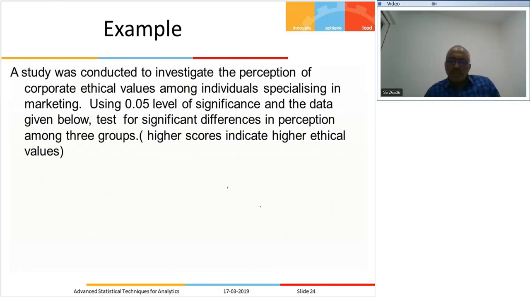That means whether these 3 groups have a significant difference or not is what we are going to validate.